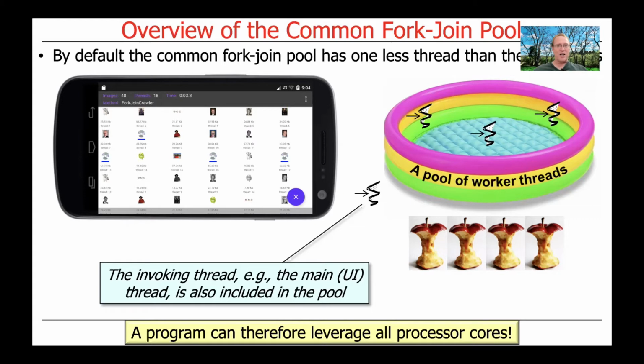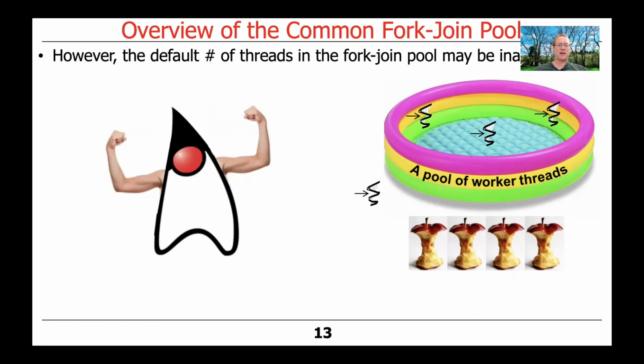So that way you will end up leveraging all the processor cores. It's just that the calling thread is going to pitch in and help out. Much like we talked about earlier when we discussed the semantics of fork join task join, where it'll pitch in to do the processing.